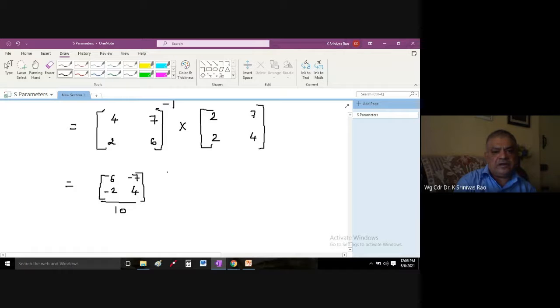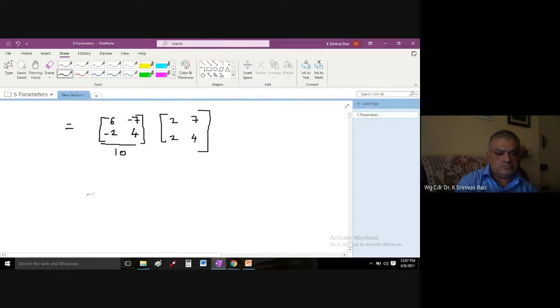Then it's multiplied by [2 7; 2 4]. If I simplify it, you will get around 6 by 5, minus 49 by 10, minus 2 by 5, and 8 by 5.